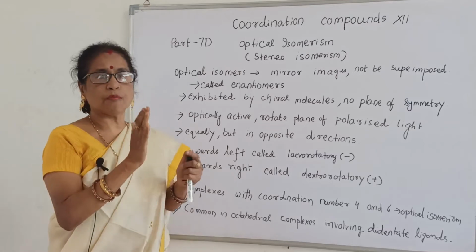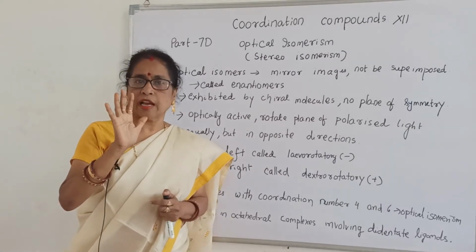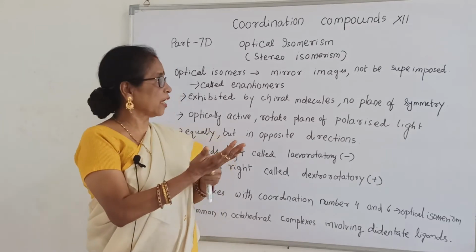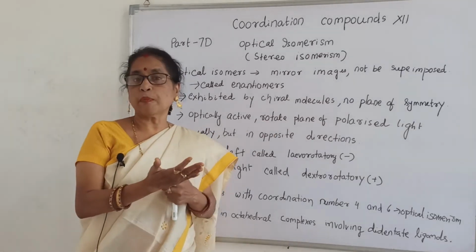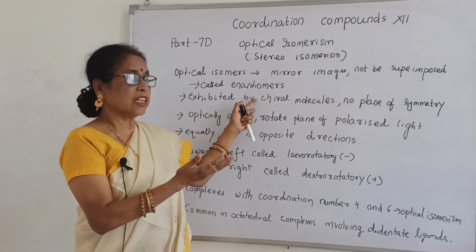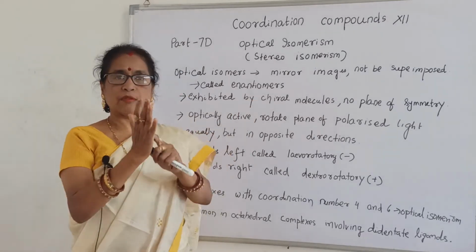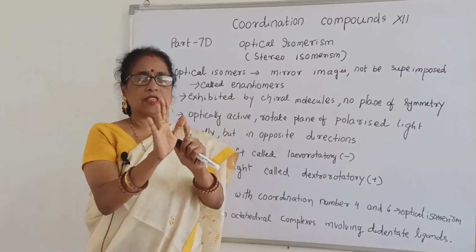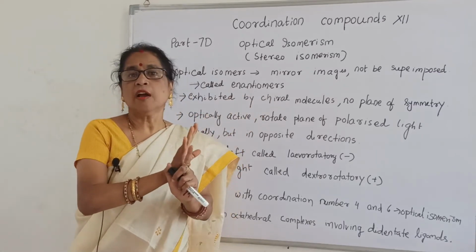They form mirror images, just like our palms. There is no plane of symmetry, and there is a chiral molecule or chiral part. If you divide here, you can observe this side is the thumb and this side the other fingers.